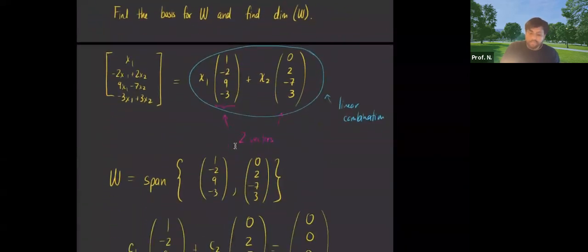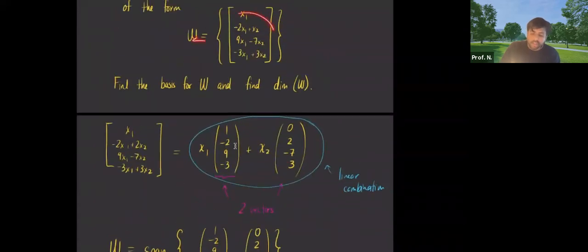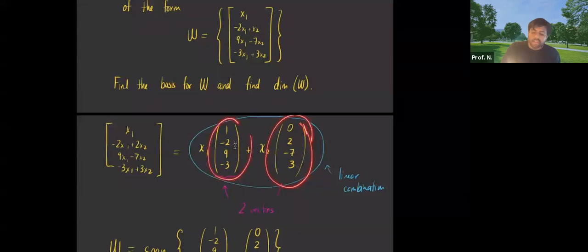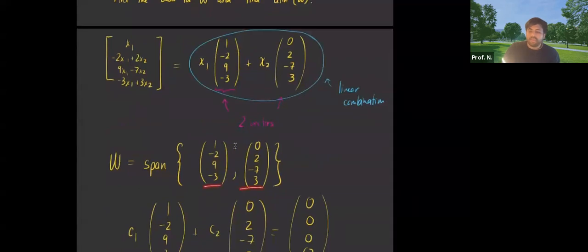So it's given that W is the span of these two vectors. Why? Because W is defined as a vector that looks like this, but a vector in this format can be written as a linear combination of these two vectors. So because of that, we have that W is spanned by these two particular vectors.